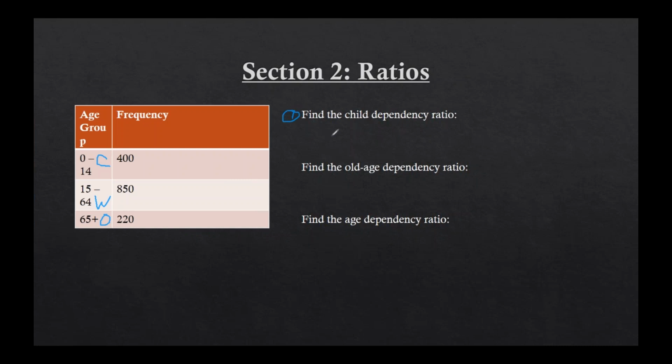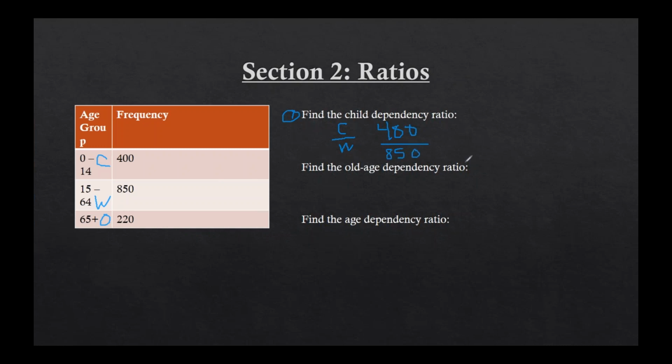So we know that the child dependency ratio is children divided by workers. So what does that fraction look like with numbers before reducing? Thank you, James. There are 400 children. There are 850 workers. Right.